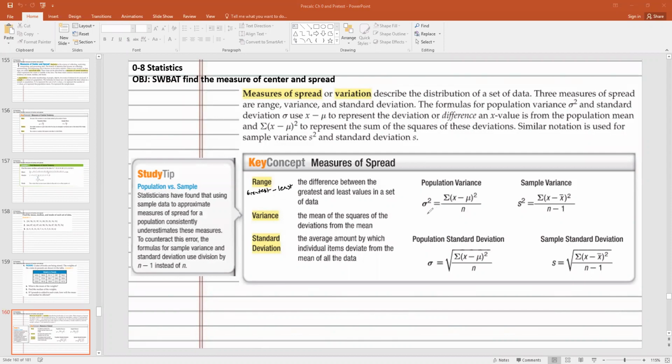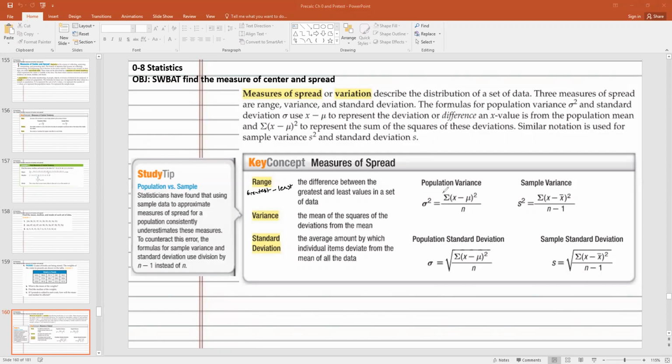The variance is going to be this equation right here, and the standard deviation is going to be this equation right here. Now notice that those two are the same, except the variance has the squared, and the standard deviation is the square root. So we get rid of that squared. So the variance is just the standard deviation squared.